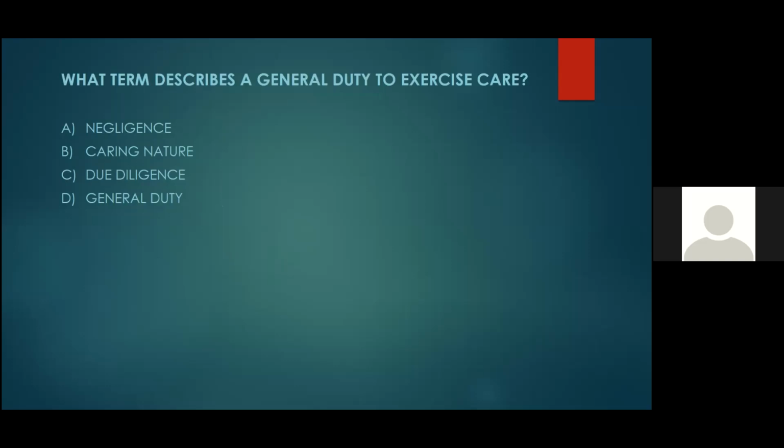And so you've got to be careful with that. In our first lesson, we talked a little bit about negligence and this type of thing, right? Your duty as an operator or manager in providing water to your customer comes with a bunch of different terms here. So which of these terms describes a general duty to exercise care?